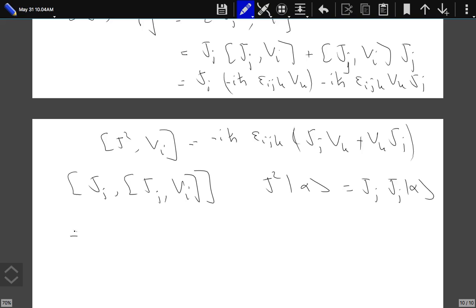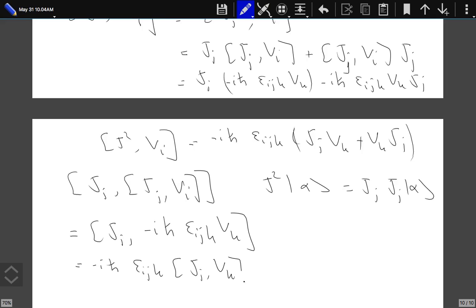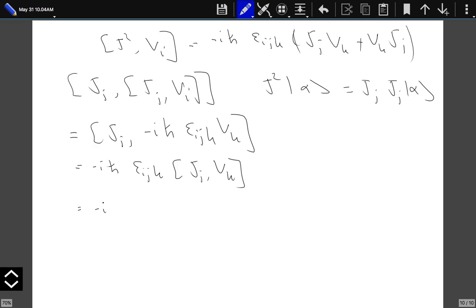Let's see what this will be. That commutator is minus iħ epsilon ijk Vk, which is equal to minus iħ epsilon ijk Jj Vk minus iħ epsilon ijk, and that commutator is minus iħ epsilon kjl Vl.